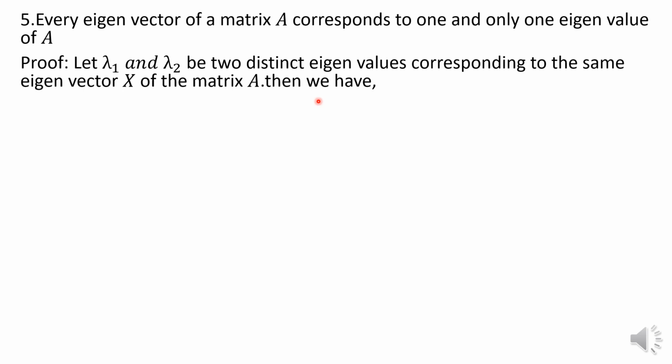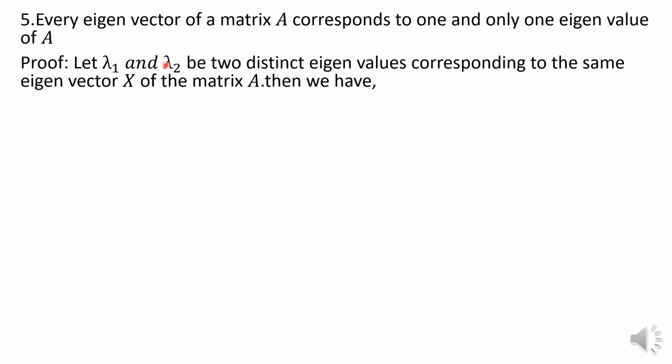Our intention is to show that these two eigenvalues are the same. One and only one means unique. Therefore, I have to show that lambda 1 and lambda 2 are equal. The proof is very simple, a one-line proof.